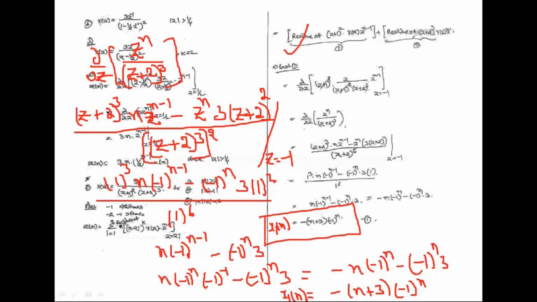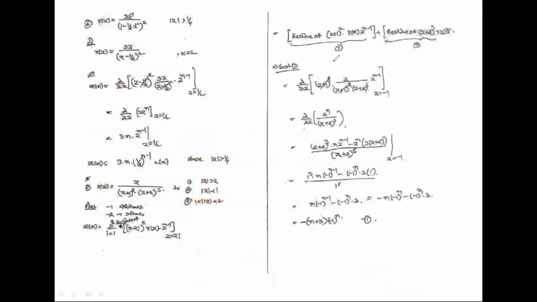Now I am taking the second part using the residue method. What is the second part here? (z plus 2) whole cube. Using this formula here, minus 2 occurs 3 times. 3 times means now I can take 1 by (k minus 1) factorial.